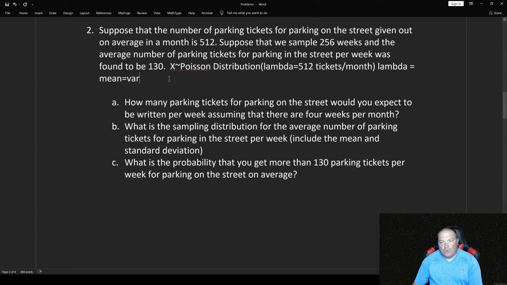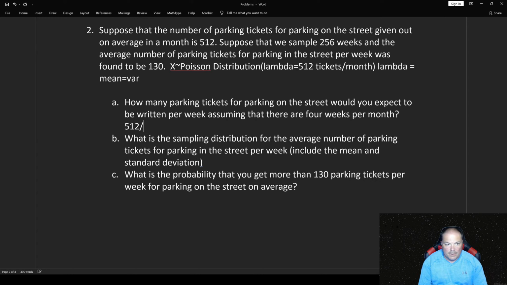So if I have 512 per month, and I know that I have 4 weeks in a month, then when I divide them out, I end up with 512 divided by 4, which equals 128. So for part A, there are 128 tickets per week given out on average for parking in the street.